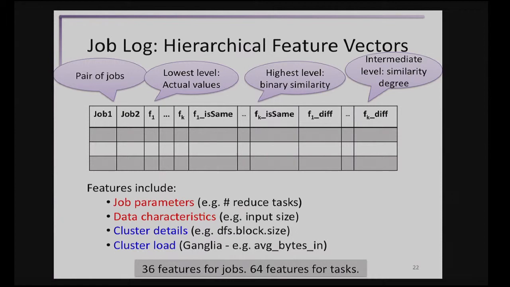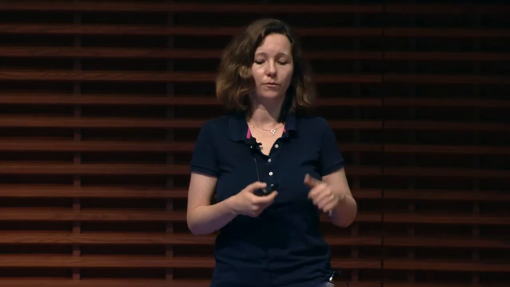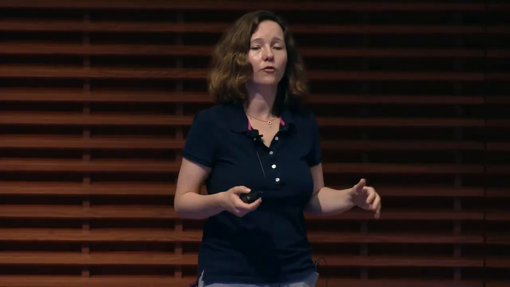And in the middle, we just say, was this greater than, or similar, or much less than? Or in the case of categorical features, what was the change? Maybe this was running a filter, this was running a join. So we have this hierarchy of features that allows us to produce general explanations when we don't care about the details, but get into the details when necessary.